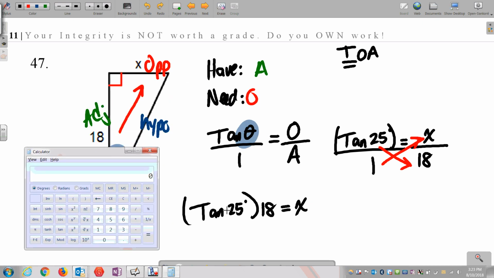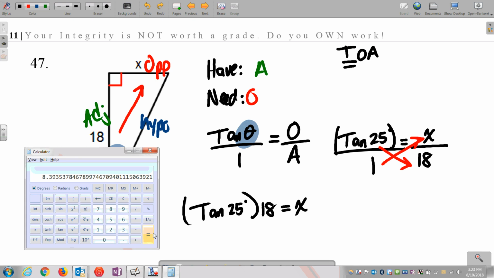For this one, I'm going to do tangent of 25. Make sure you're in degree mode. Times 18. And you can see your answer there is 8.39.